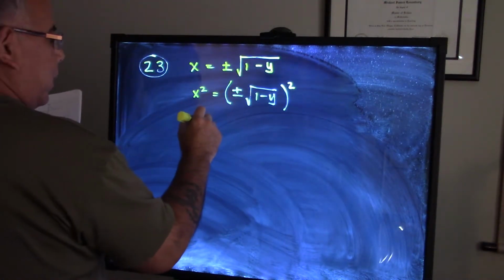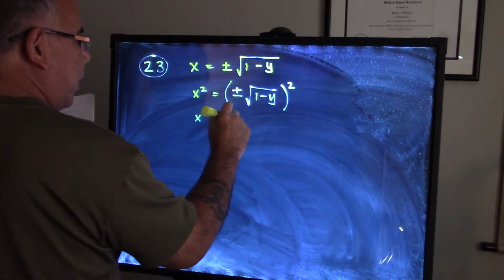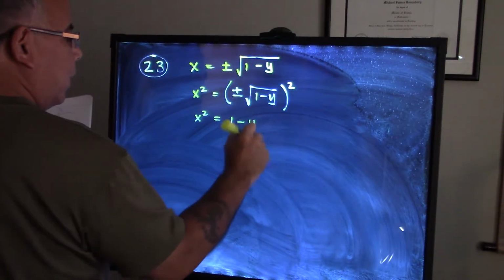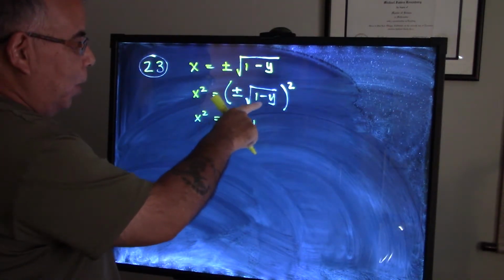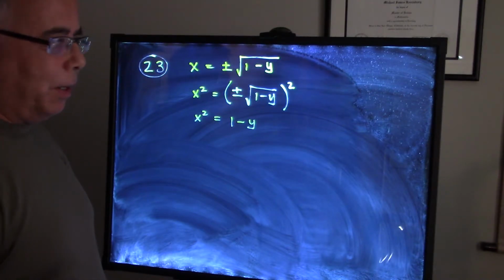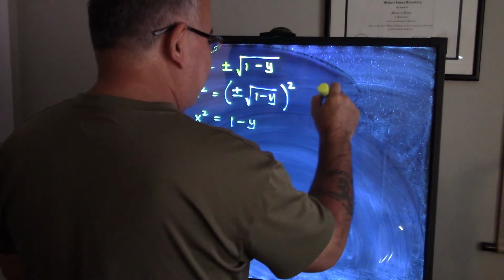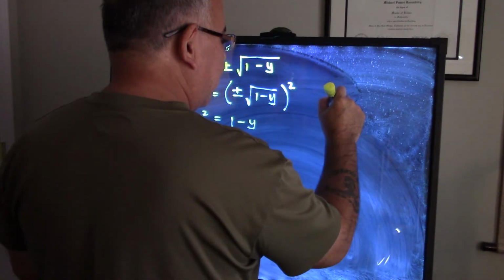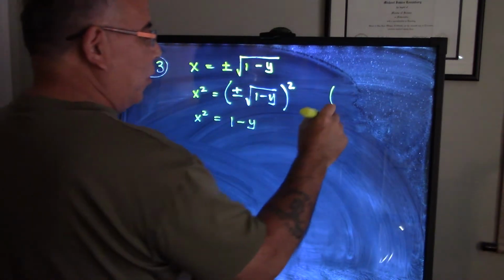So what we get is x squared equals 1 minus y. Alright? What happened to the negative? Well, when you square a negative, you get a positive, right? So you could think of it like this, just looking at the negative part, ignore the positive here.